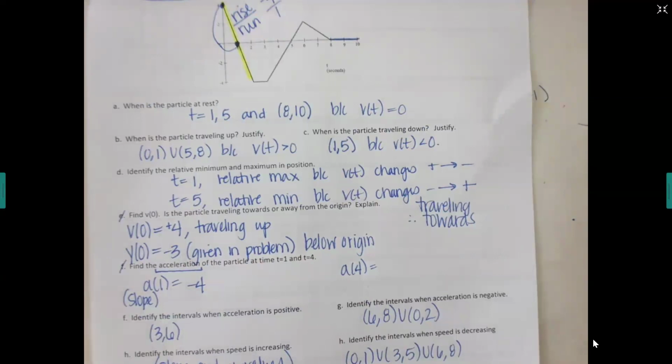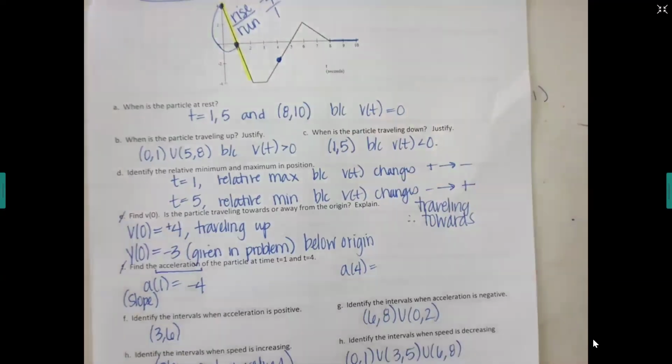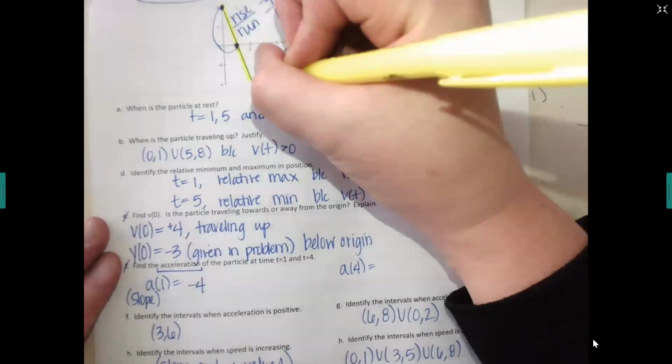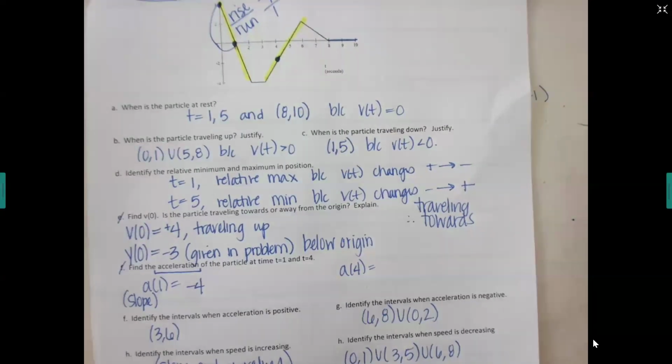Okay, we're also going to do that at 4 seconds. So come over here to 4 on your graph. And remember, I can only count out the slope if it's linear. Is it linear? Yes. So I'm going to pick 2 pretty points, and then I'm going to count the rise over run.